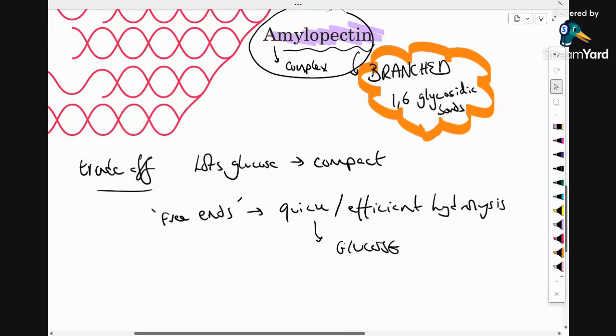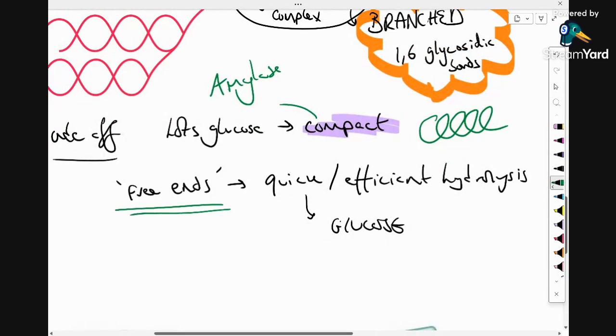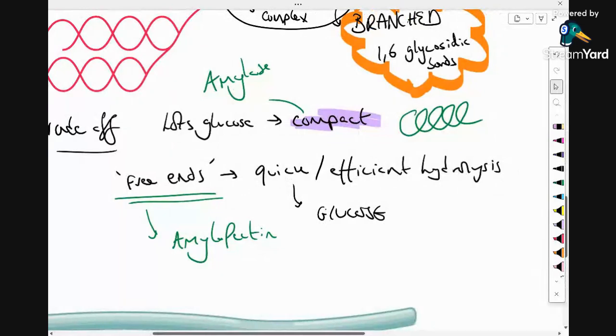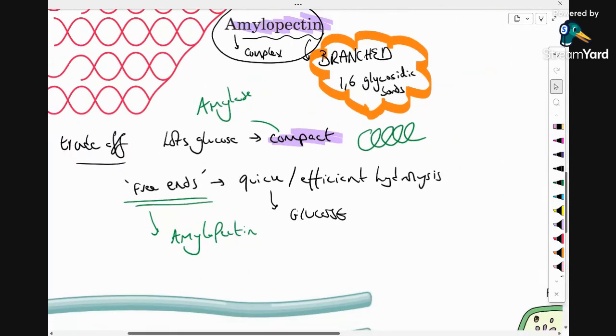So we've got a trade-off. Apologies for my handwriting, it's getting worse. We've been going for an hour and a half. It's a trade-off between these two things. Being compact is achieved by coiling in amylose, so that's what amylose helps with. Amylopectin gives lots of free ends through branching, which allows quick and efficient simultaneous binding of enzymes to cause simultaneous hydrolysis of alpha-1,4 glycosidic bonds, releasing glucose quickly into the plant cell.